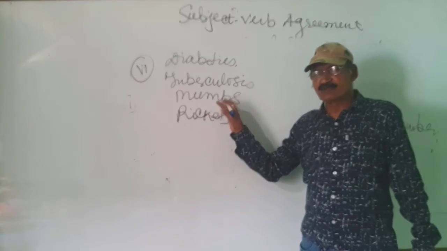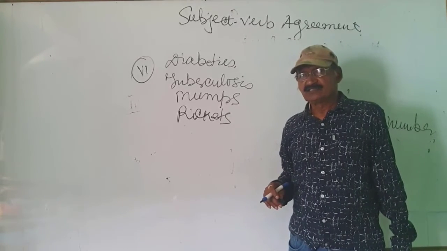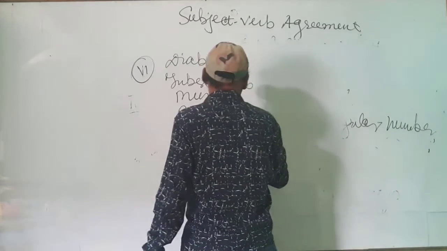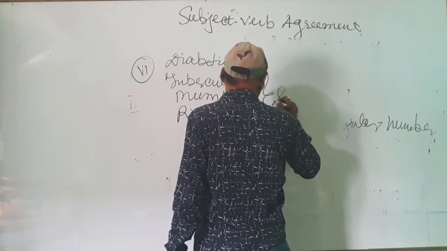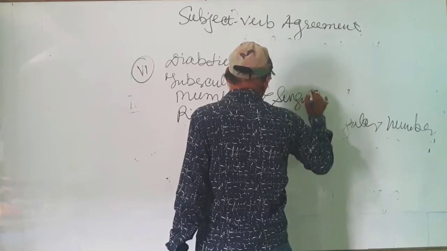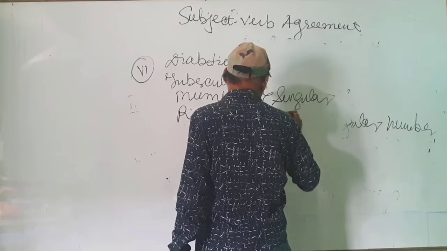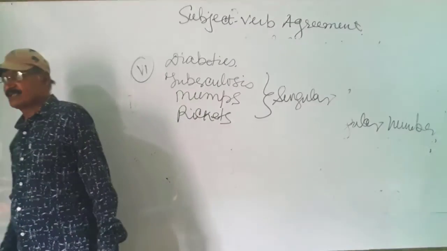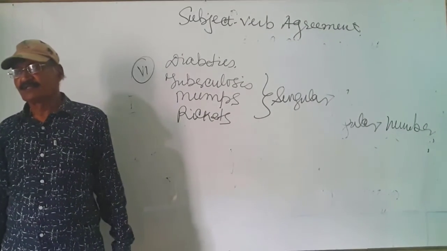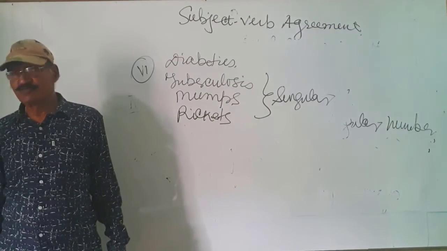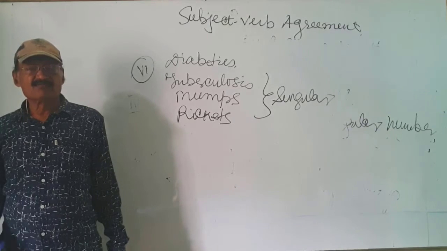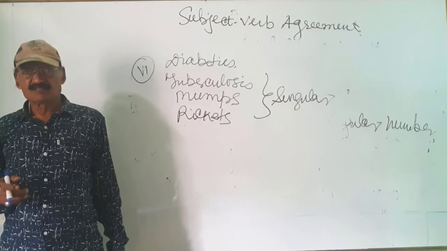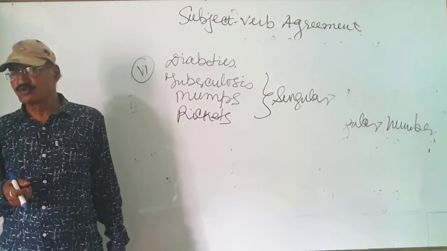They are the names of diseases. Did you get the point? Mumps, rickets, and some diseases like measles also.